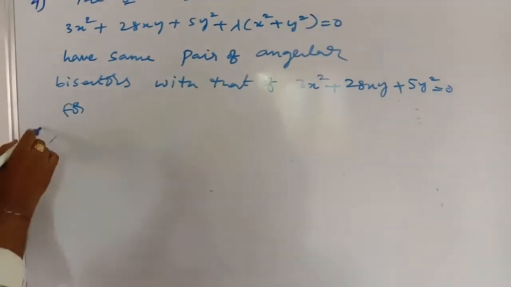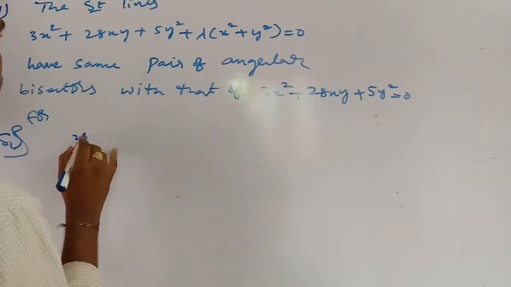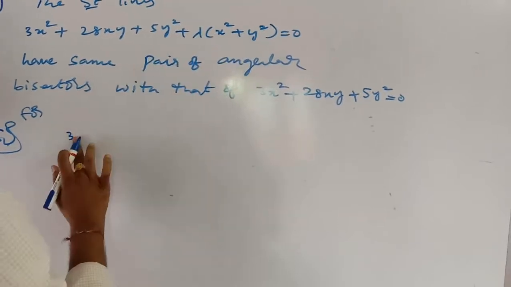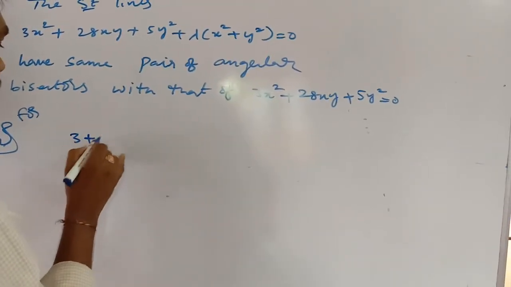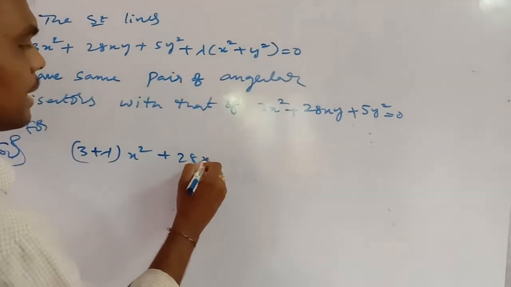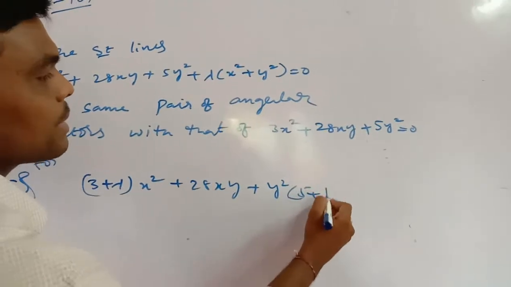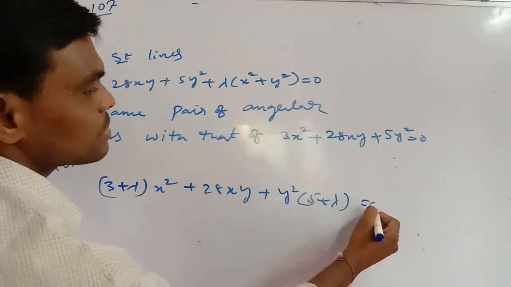Now we observe that 3x square plus lambda x square. Now the x square term is common, this is 3 plus lambda into x square plus 28xy plus the y square term common, this is 5 plus lambda, is equal to 0.